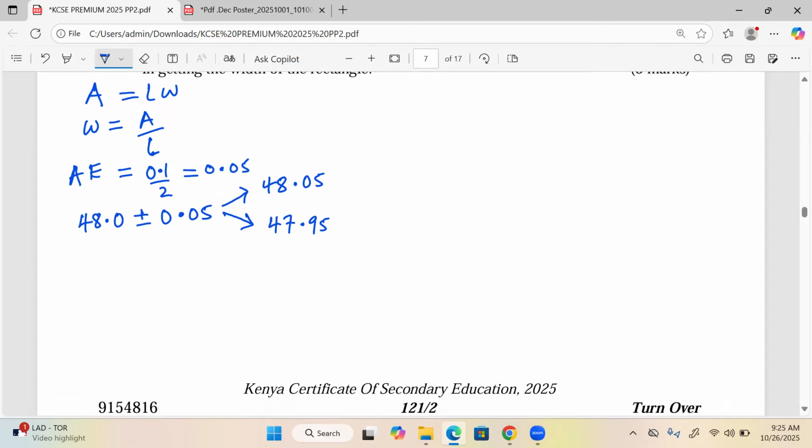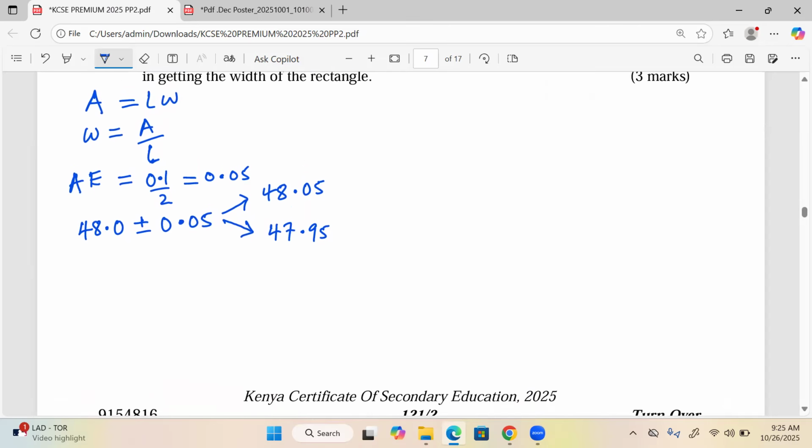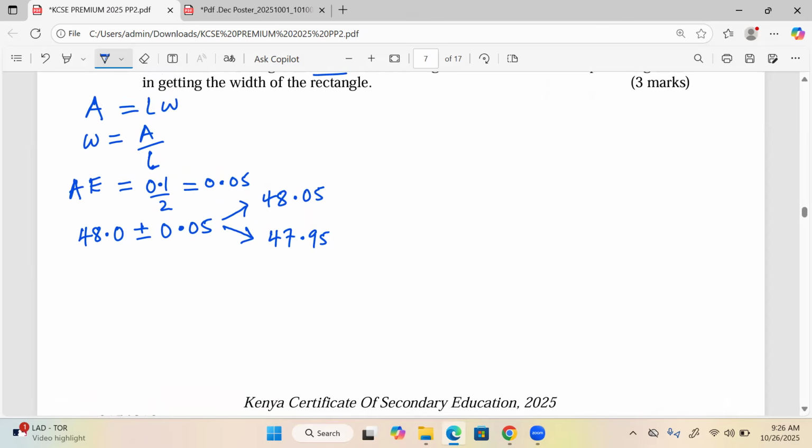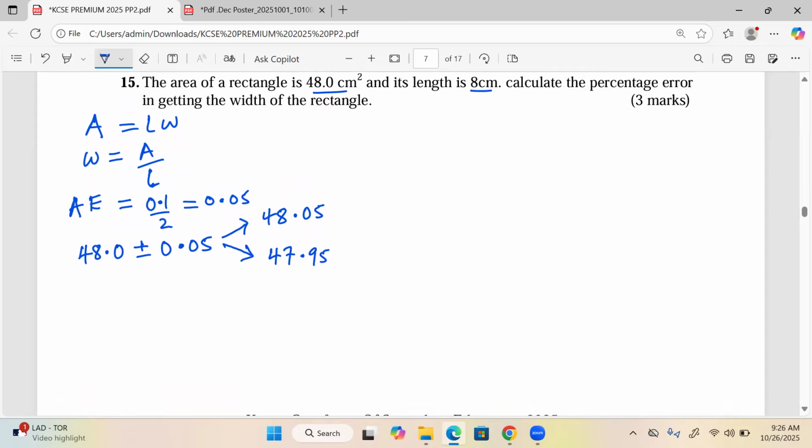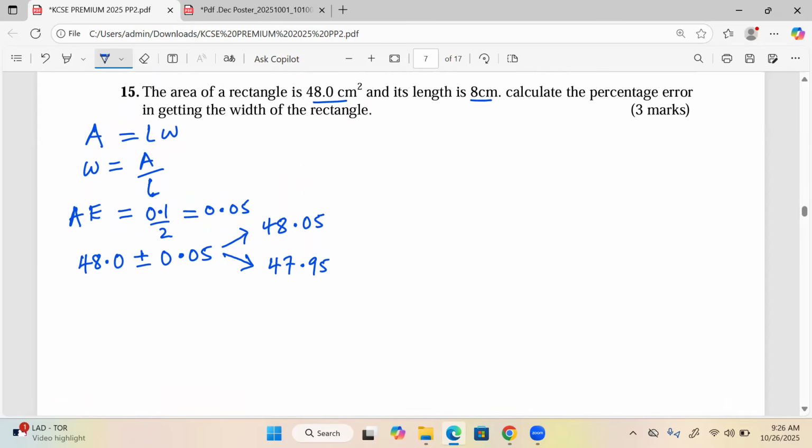So we have the maximum area and the minimum area, or the upper limit of the area and the lower limit of the area. Then we can also check something called the length. The length has been recorded at 8, meaning that it is to the nearest whole number. If recorded to the nearest whole number, we should talk about 1 as the accuracy.